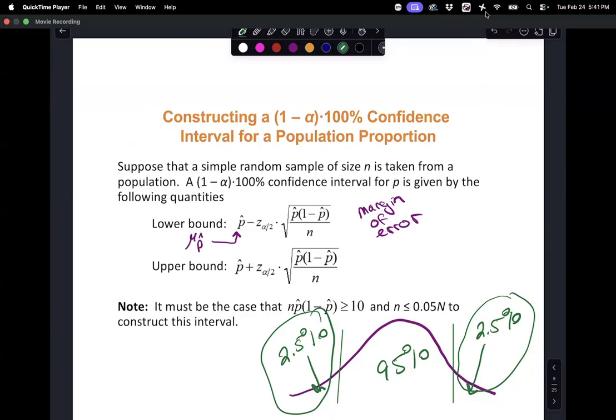Remember that the middle 95% is roughly 2 standard deviations away, which was an estimate from the empirical rule, but it is actually 1.96 standard deviations away when we're getting exact. So I'm taking that 1.96 and multiplying it by the standard deviation to get the data value at the edge of my confidence interval.